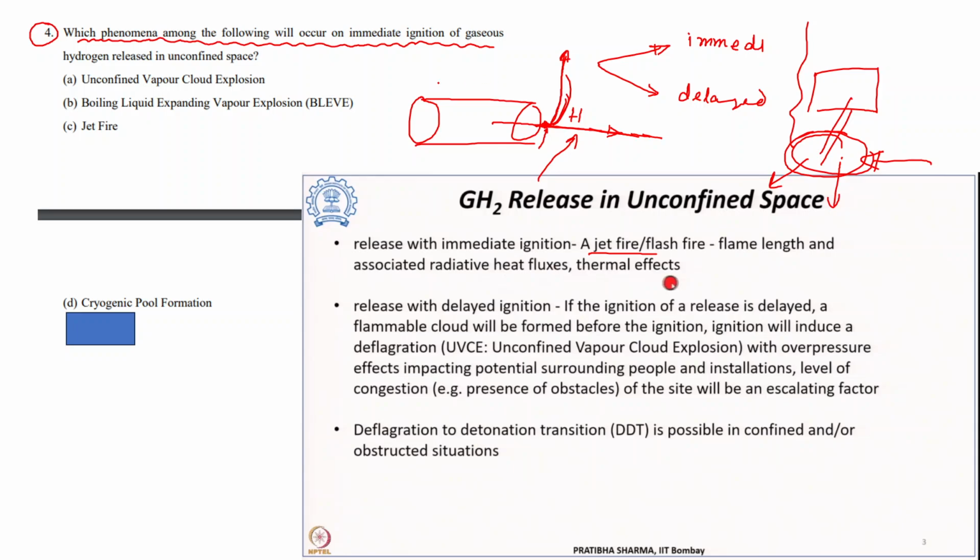That is the difference between immediate ignition and late or delayed ignition. For delayed ignition, the concentration of the hydrogen will already be low, and some hydrogen will go upward due to buoyancy forces. After some time it will create some vapor pressure, I mean explosions, so in that case it will be in explosion form.